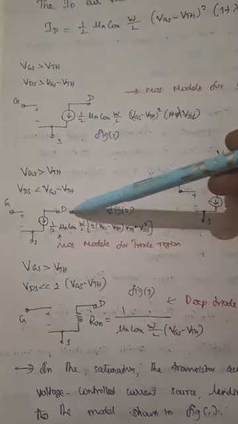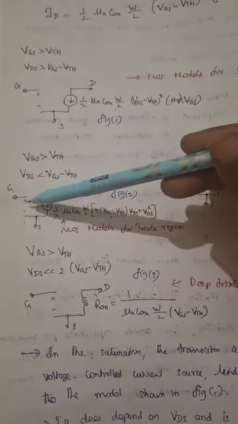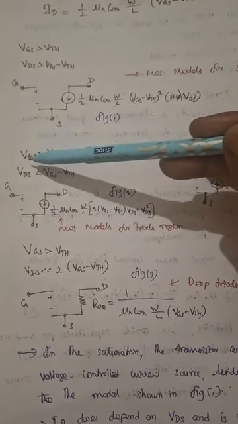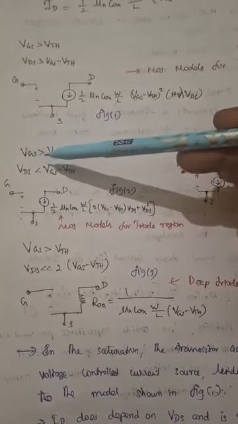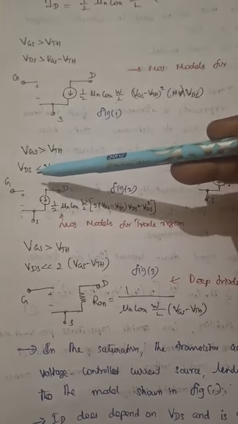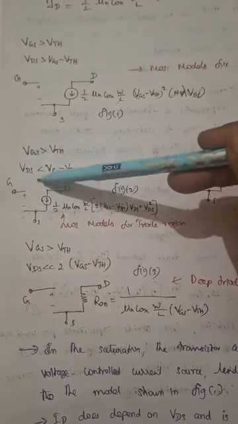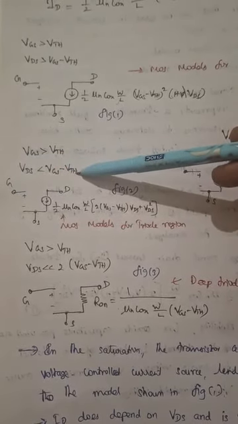Next one is for triode or linear region. For linear region, the condition is VGS should be greater than VTH, the threshold voltage, and VDS is smaller than VGS minus VTH. So VDS is lesser compared to VGS minus VTH.